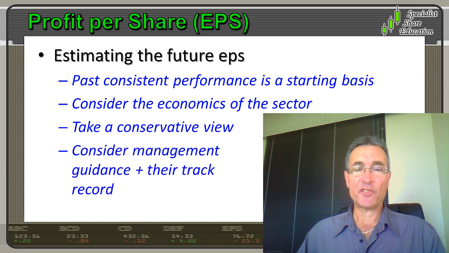And you also need to consider management guidance and their track record. So if management has got a very strong track record of producing what they say they will, and they're, let's say, providing guidance of 20% growth in earnings for the following year, then it becomes a lot more believable than a company that's perhaps putting out these forecasts but never meets them.